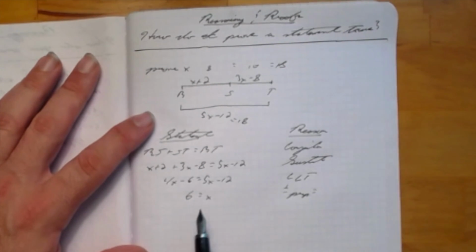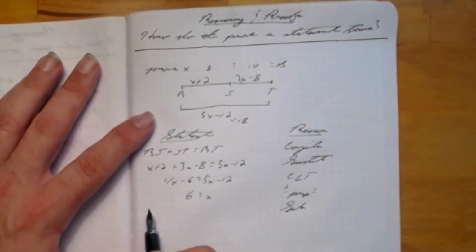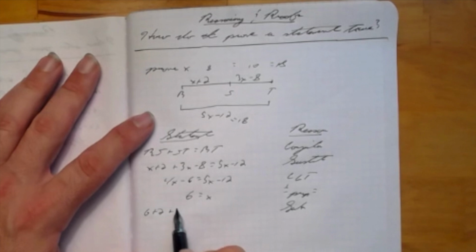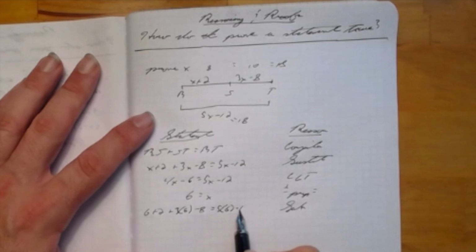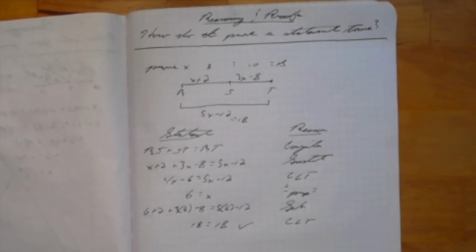So if I substitute into my original equation, 6 plus 2 plus 3 times 6 minus 8 is 5 times 6 minus 12. And all I'm doing is combining like terms to see that 18 is equal to 18. It works. The statement is true, and I've been able to prove that segment addition postulate.